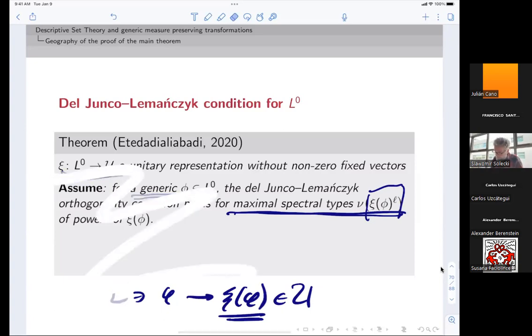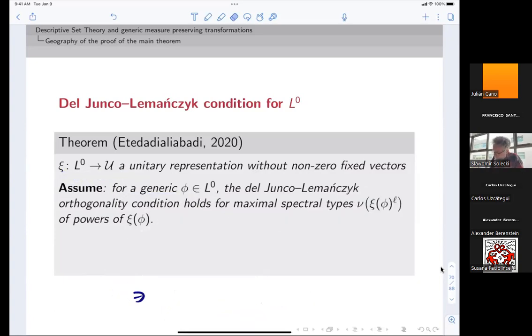Just formally assume it. What does it mean for the representation Xi in terms of the measures from my old theorem? He made a precise translation from the Del Junco-Lemańczyk condition to a condition for the measures from my old theorem.